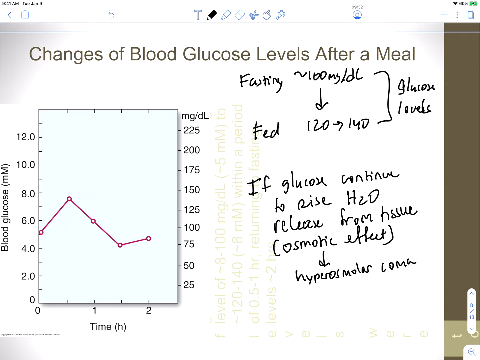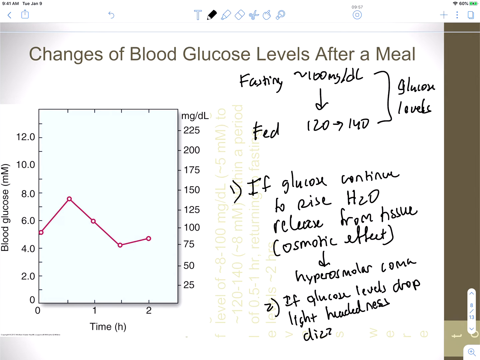Now, if glucose levels were to continue to drop, let's see if I can fit this. So this is 1, let's make this 2. If they continue to drop, then you get lightheadedness, dizziness.